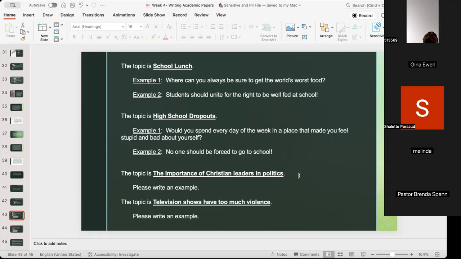Okay, so let's see if we can come up with some topics, some grabber sentences. The first topic is the importance of Christian leaders in politics. Who can give me an example of a good grabber sentence or question or statement?